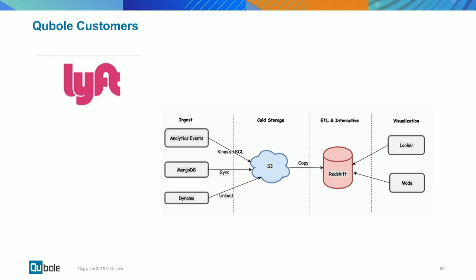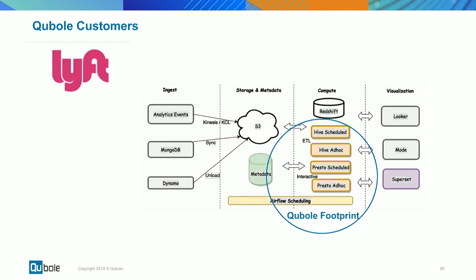And then they were using visualization tools and machine learning tools at the back end, right? Now, they realized that they were not scaling. Their data demands were greater than what the infrastructure could support, and they started using Qubole. And this is how they use Qubole today.